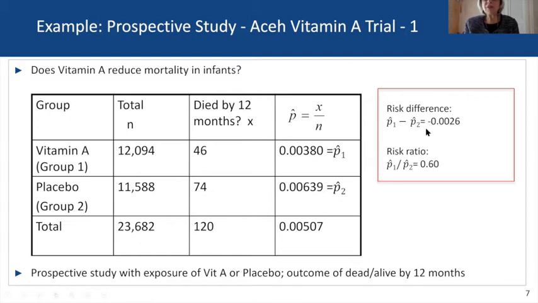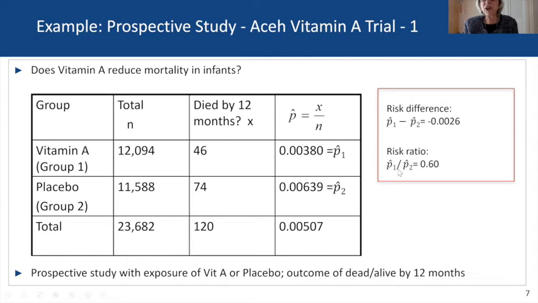So our risk difference is the difference P1 hat minus P2 hat, which is a negative 0.0026. So that would suggest that if we multiply by 100, there's a 0.26% lower risk of death in vitamin A as compared to placebo.